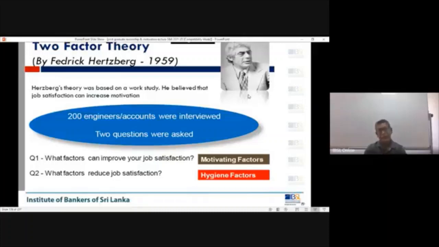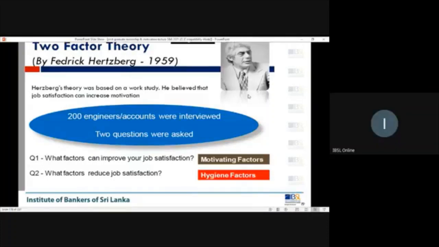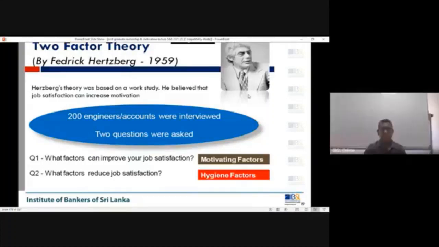And he came up with the results of the two-factor theory after interviews with 200 engineers and accountants. They were posed two questions. Question number one: what factors can improve your job satisfaction?